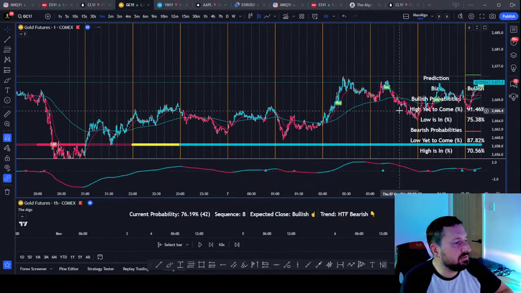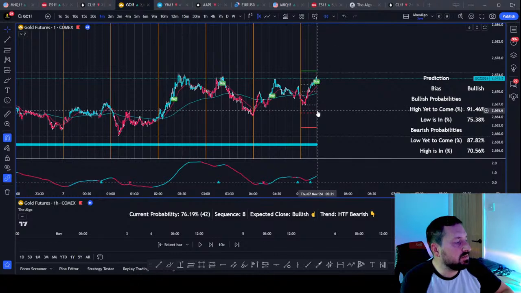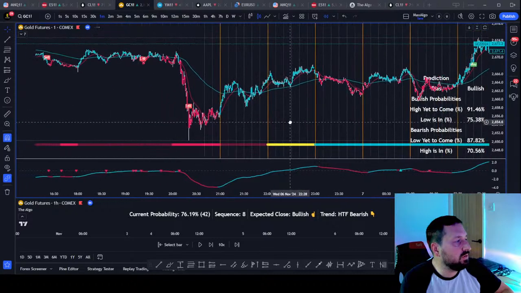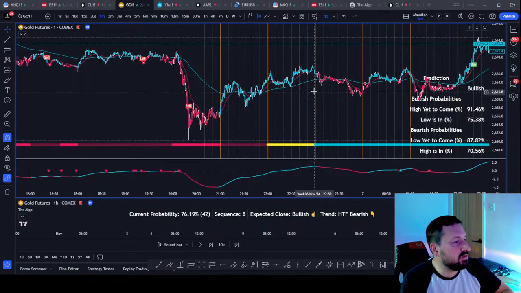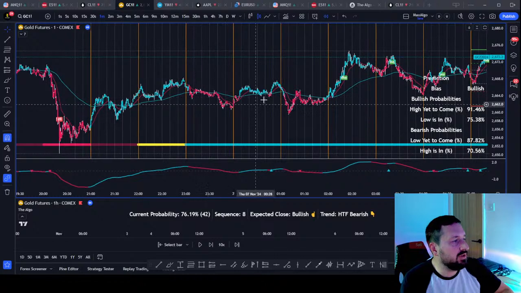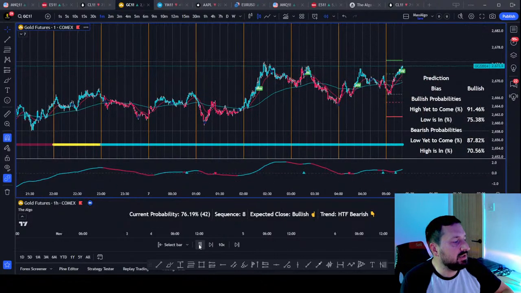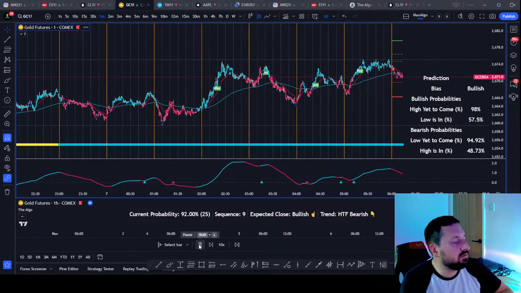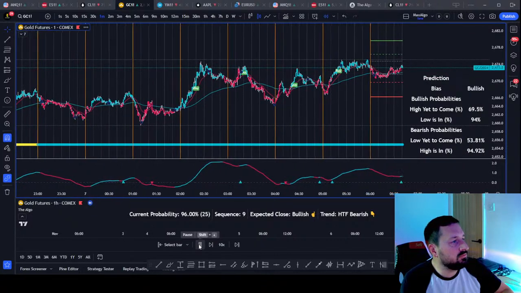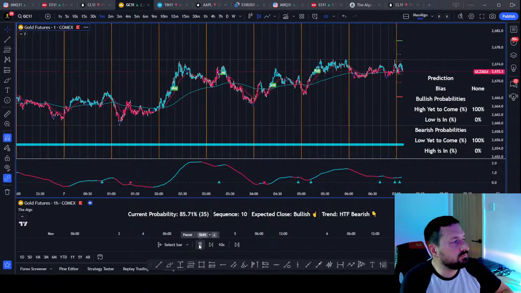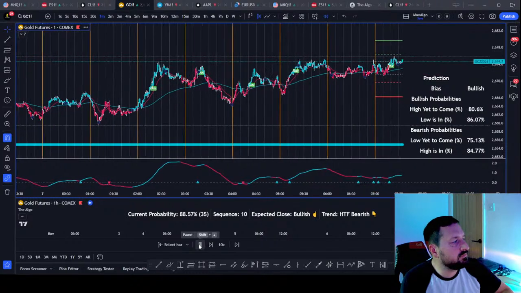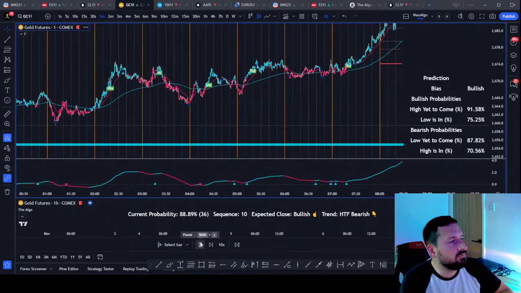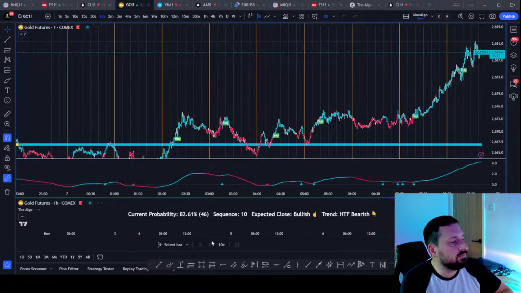At 10 sequences. That's 8, 7, 6, 5, 4, 3, 2, 1. So there's the start, right? Transition, bullish, with the higher time frame, messes around, and now we're seeing that go. Nice.